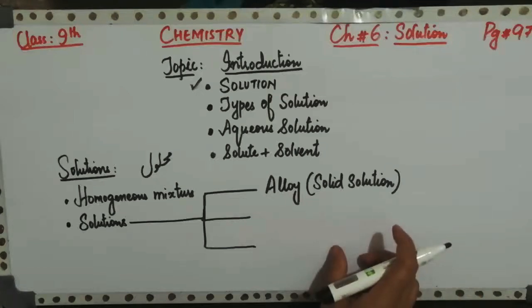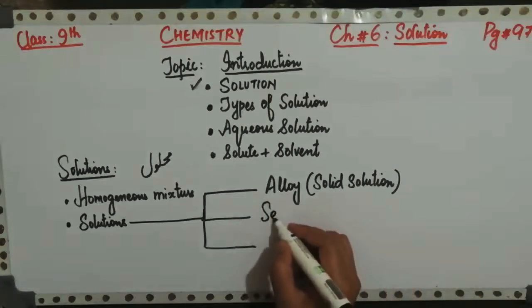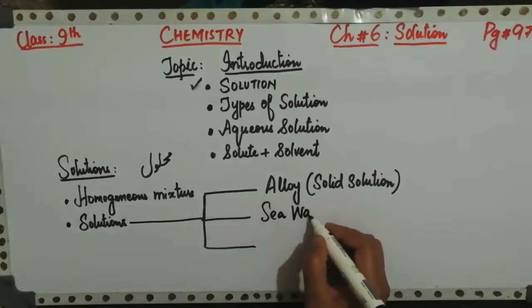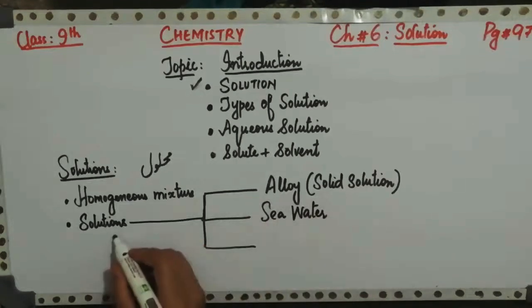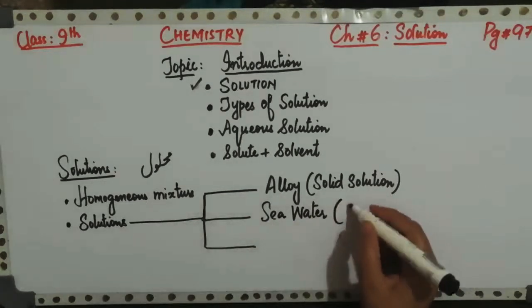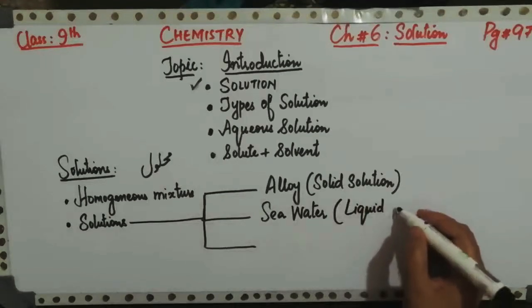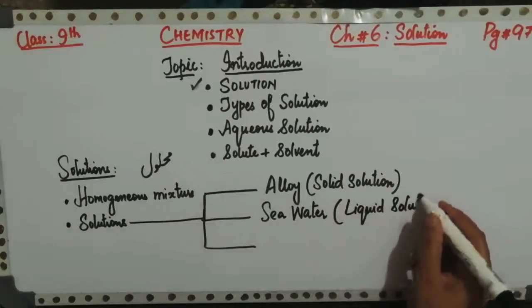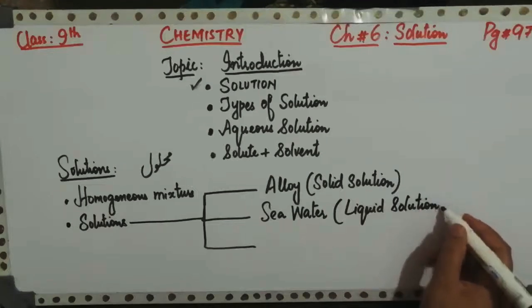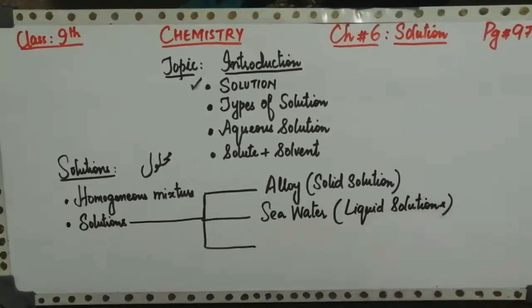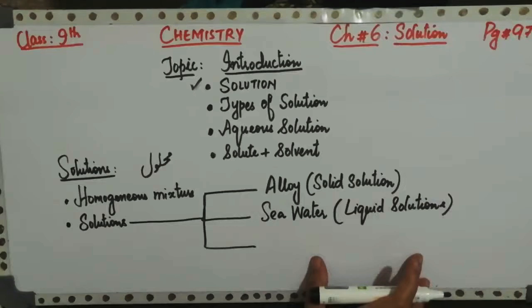In a similar manner, sea water is another example. Why is sea water called a solution? Because it is a type of liquid solution in which different components are present in different percentages. So sea water is a liquid solution.